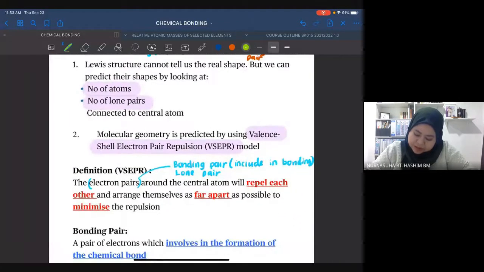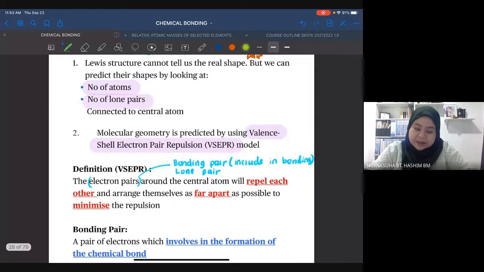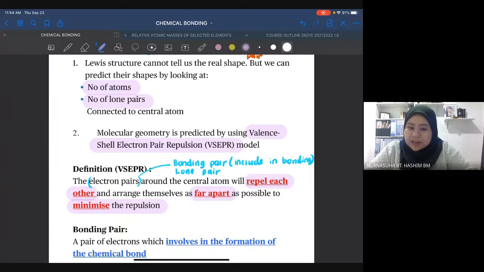Electron pairs around the central atom, going back to the definition, will repel each other, because electrons repel electrons, and arrange themselves as far apart as possible to minimize the repulsion. So the bonding electron pairs around the central atom repel each other so that they are far apart. Why push apart?